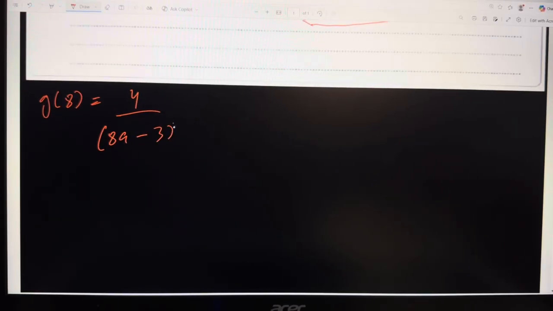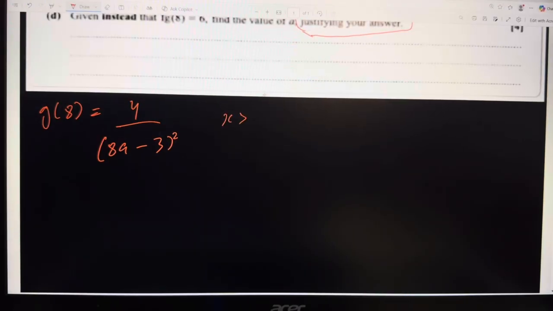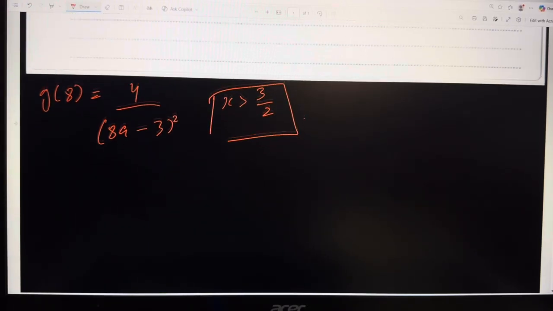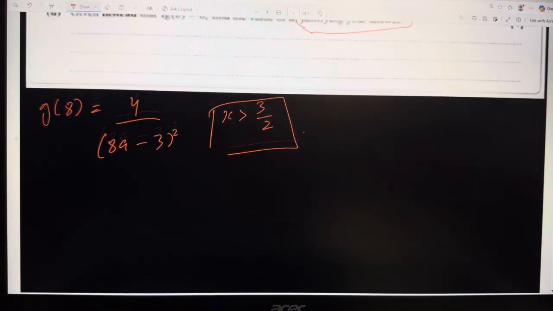So x squared. 4x is greater than 3 upon. And I think this domain is going to be the real thing to know about. X is greater than 3 upon 2. This is important right here, please. Find g of 8. G of 8 is this.